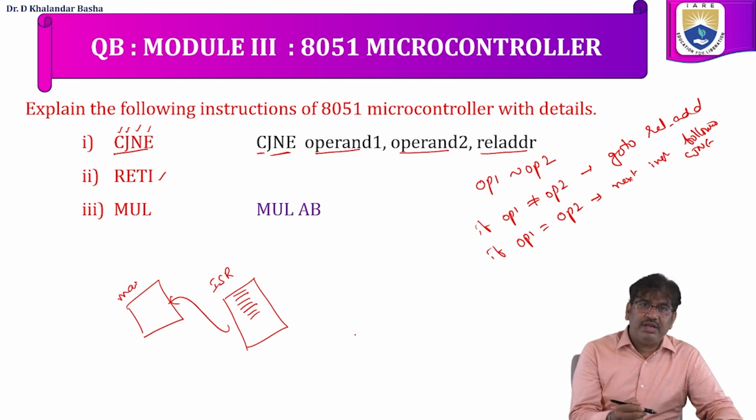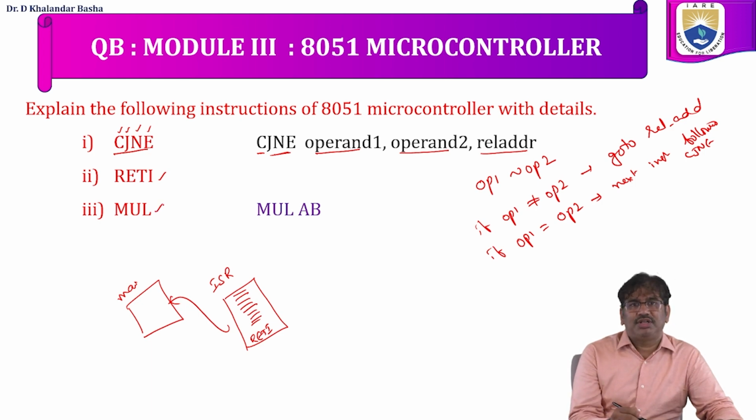To indicate the end of the interrupt subroutine, the last instruction in the ISR is always RETI, a zero-operand instruction. Whenever the controller encounters RETI, it immediately transfers control from the ISR back to the main program.